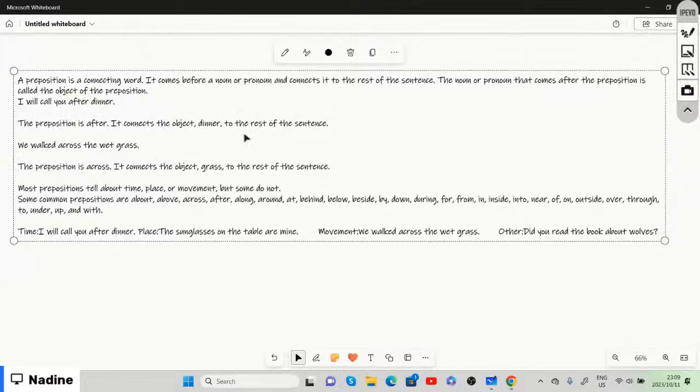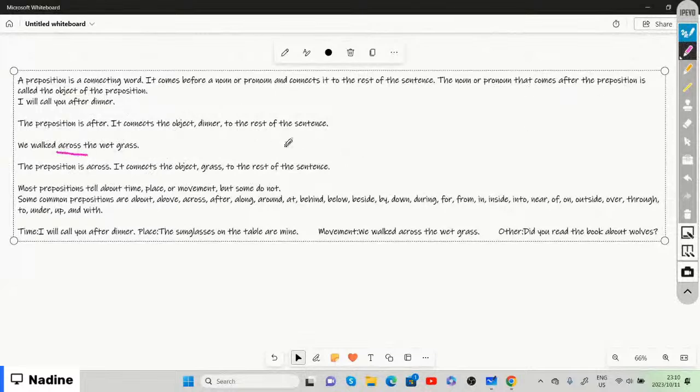If we identify a preposition within the sentence, we say across is our preposition.